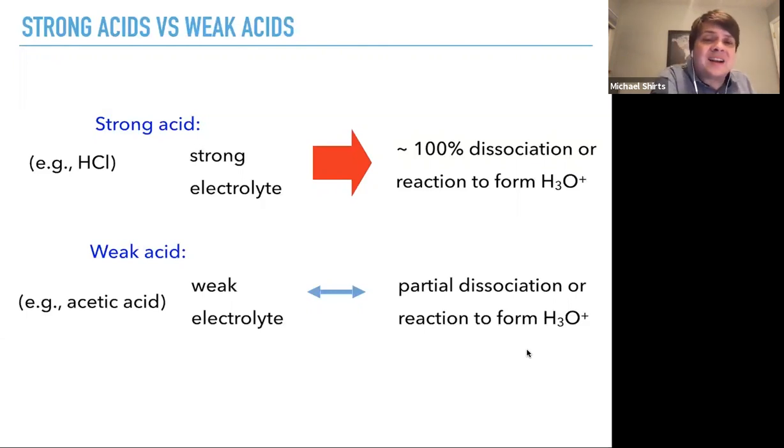A weak acid, on the other hand, only partially dissociates to form H3O+, depending on how weak it is, somewhere between 5% and 0.01%, forming H3O+ and an anion of whatever the weak acid was, like acetic acid and an acetate ion. So you get some H+, but not as much as if it entirely dissociated. Those are the strong acids and the weak acids.